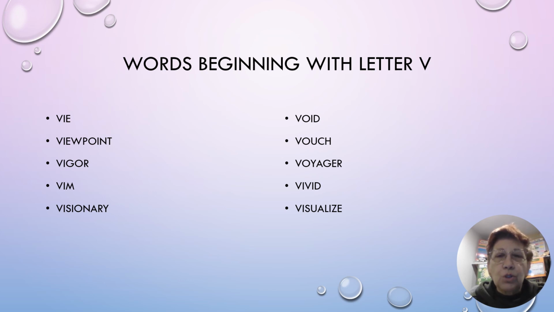Okay, vouch. Vouch is when you vouch for someone, you confirm that their reputation is good. Like, when you're applying for a job, sometimes they ask for reference letters. So then you're looking for people to vouch for you, right? You're finding certain people that can vouch for your reputation, that they can confirm your reputation.